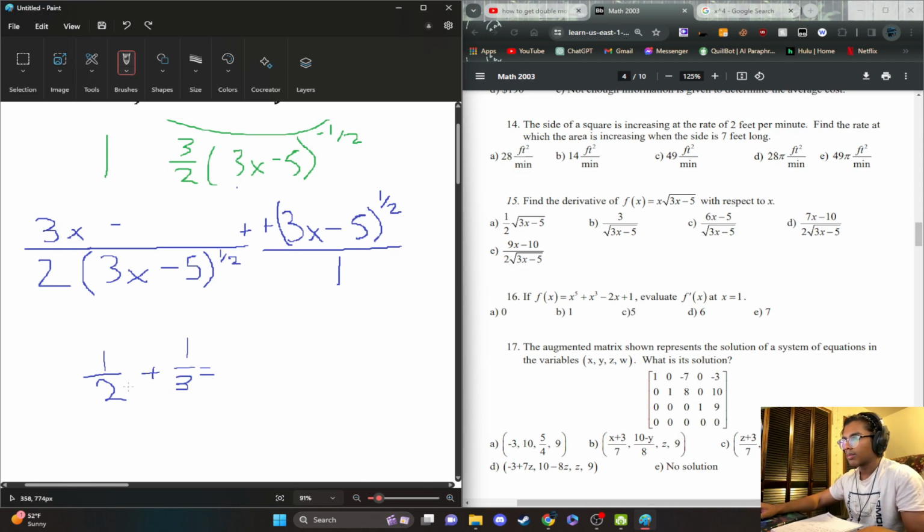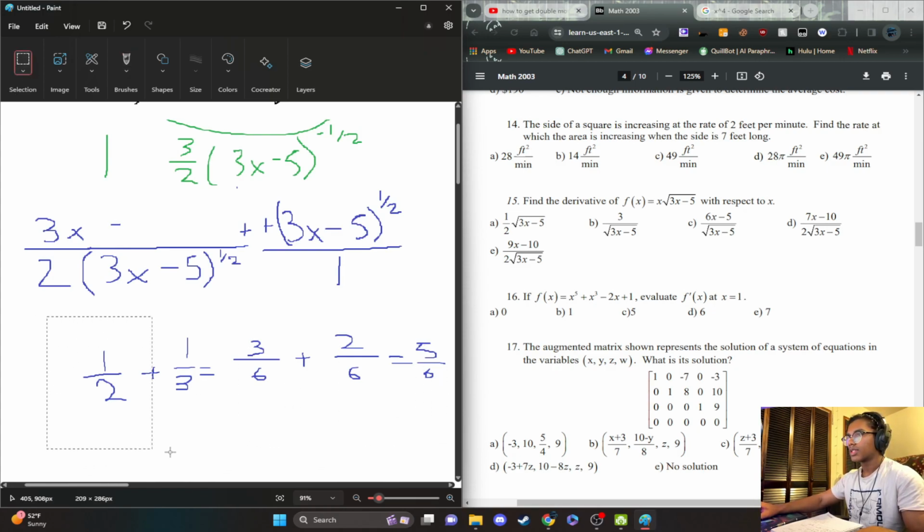Then you multiply the denominator of the other side to the top and bottom for this one. So this would turn into 3 times 1 is 3 over 3 times 2 is 6, plus 2 times 1 is 2 over 3 times 2 is 6. So now you can solve it and you get 5 over 6. Now this is just an example, don't get confused.